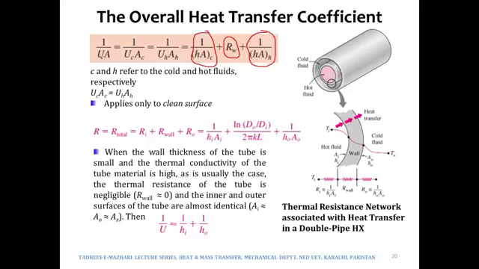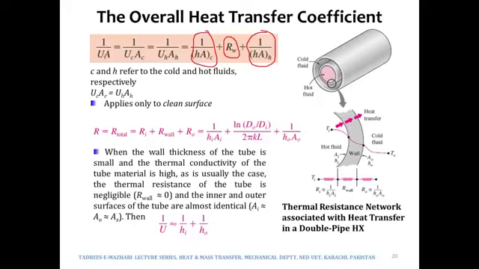We have seen in chapter number 3 that Q may be written as delta T over resistance, whereas Q may also be written as UA delta T. So UA would be equal to 1 over resistance, or resistance would be 1 over UA.